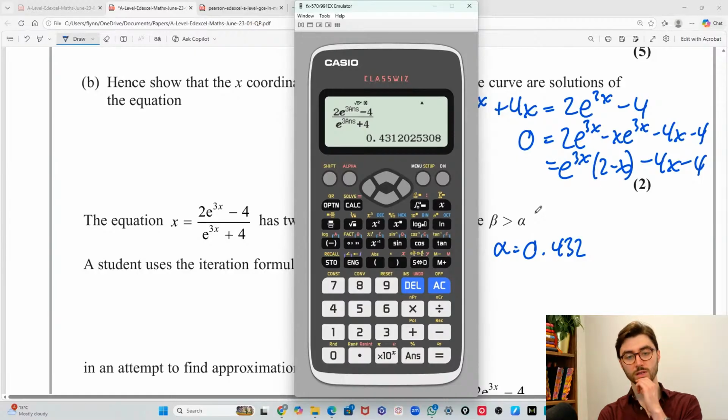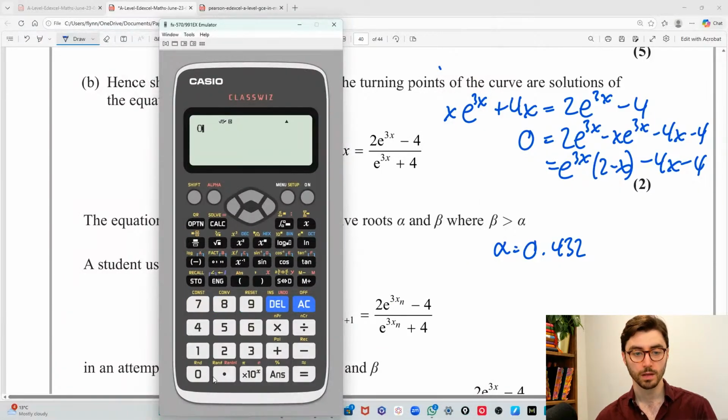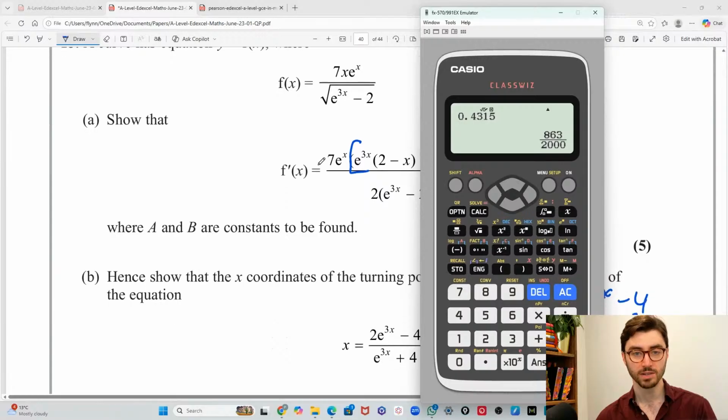Oh, no, of course, that won't work because it should converge on the value, because you notice how that's very close to the 0.432. Okay, so we're not going to do that. We are going to put 0.4315 into, I think, the f dash of x.